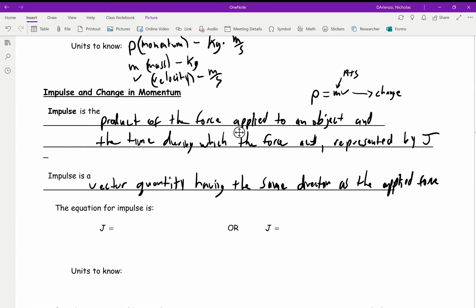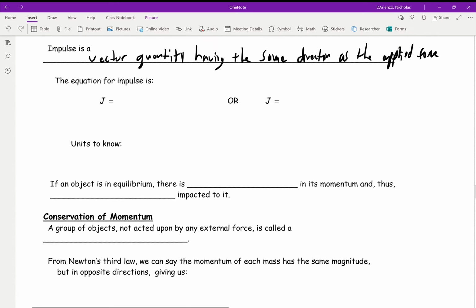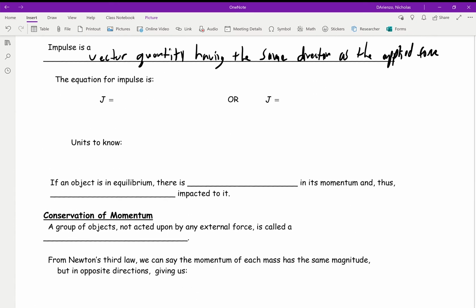Again, we can find these equations under the mechanics section in your reference table. So impulse is represented by the force times the time during which that force is applied to the object.